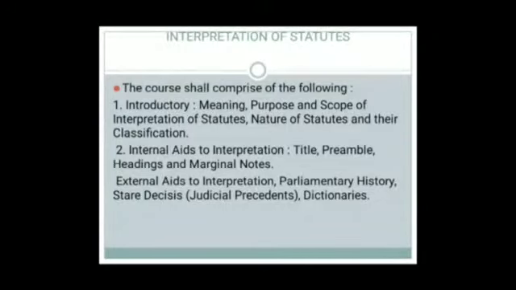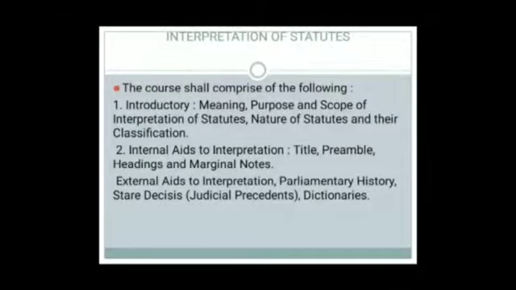Right, so we'll be starting with the first unit, which is introduction: meaning, purpose, scope of interpretation of statute, the nature of the statutes and the classification. Then in the second unit, we'll be dealing with internal aids to interpretation: title, preamble, headings, marginal notes.